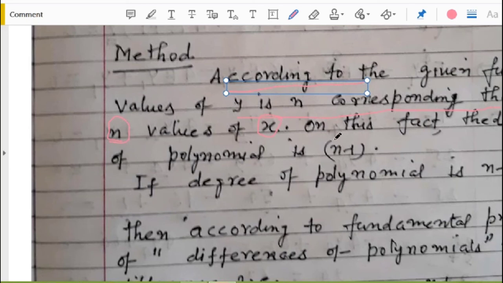If the data set is having n plus 1 values, if you remember your previous knowledge, then what was the degree? The degree was n in yesterday's lecture.